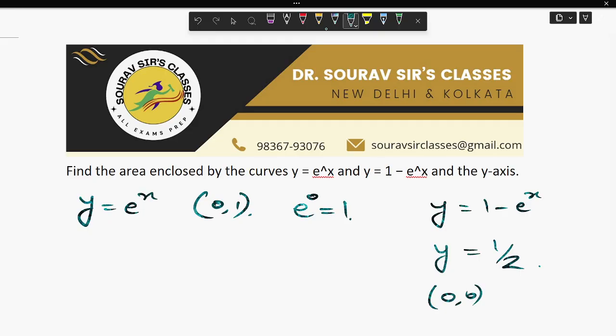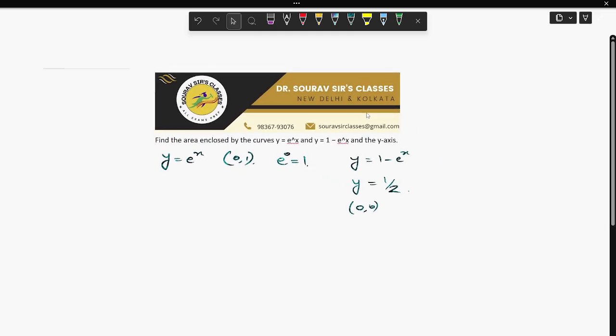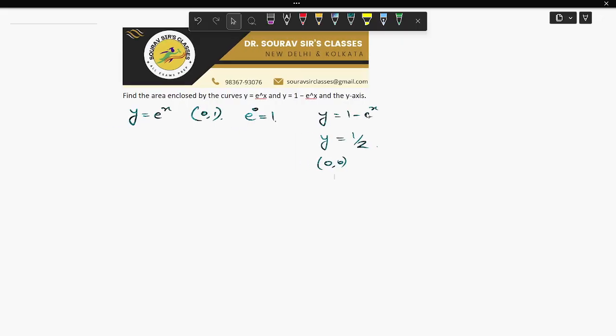So now we are going to find the points of intersection first. So let me shrink the screen. The intersection between y equals e to the power x and y equals 1 minus e to the power x will be e to the power x equals 1 minus e to the power x.